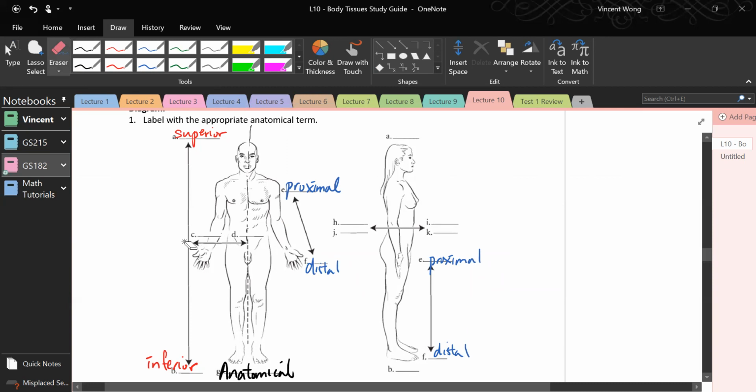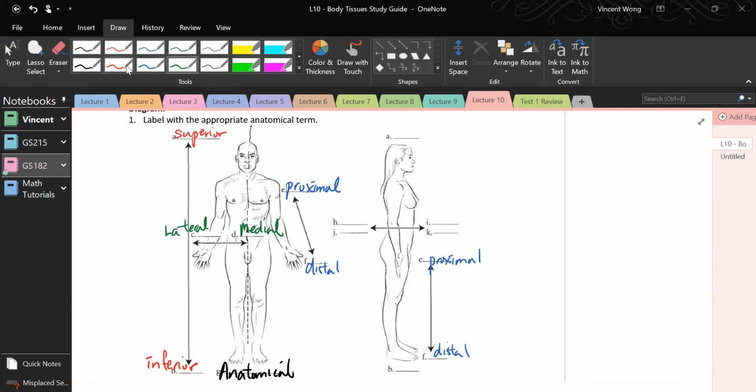If it's further away from the midline, it is lateral. And opposite to that is medial. The nose is in the midline. Nothing is more medial than the nose. The mouth, the belly button, all those things are on the midline.